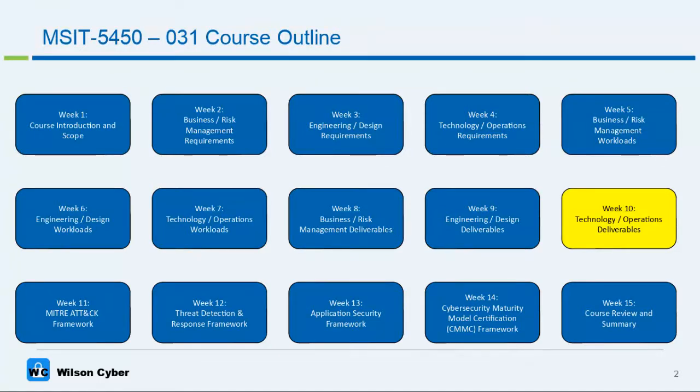And starting next week, we'll talk about specific topics in cybersecurity that are more relevant today: the MITRE ATT&CK framework in week 11, threat detection and response framework in week 12, application security framework in week 13, CMMC framework in week 14, and then in week 15, we'll do a course review and summary.